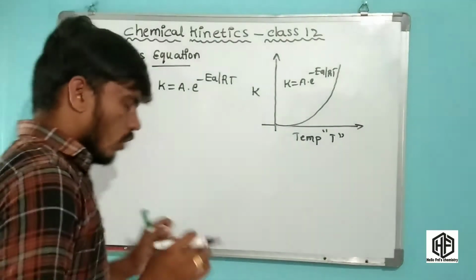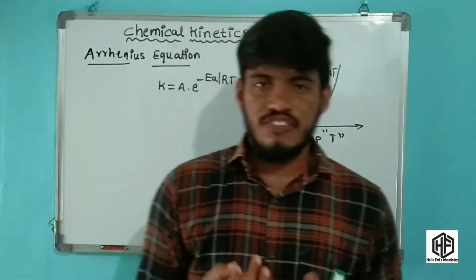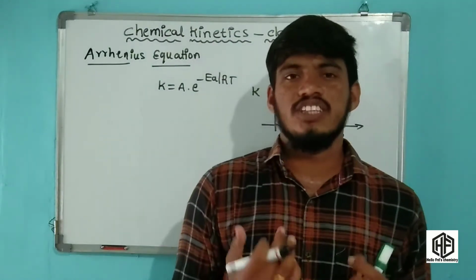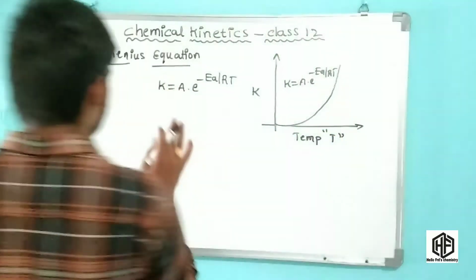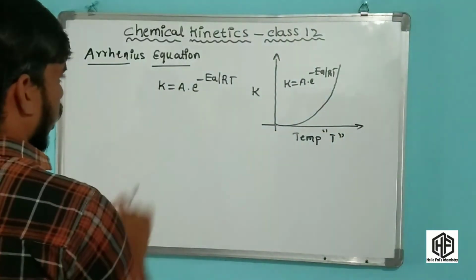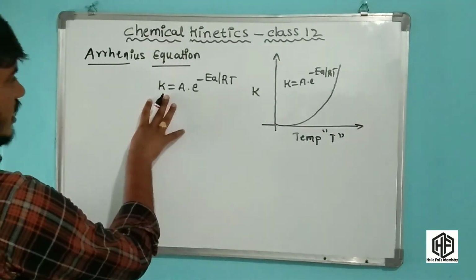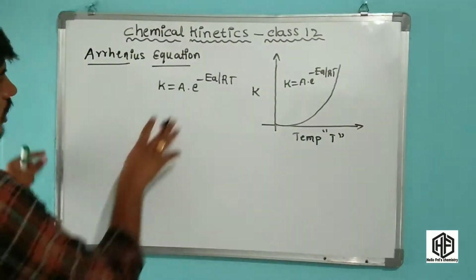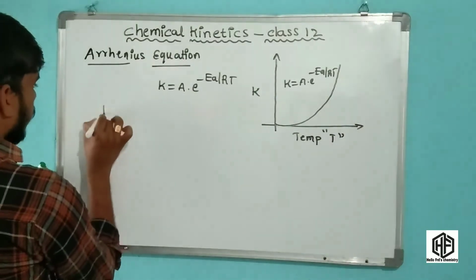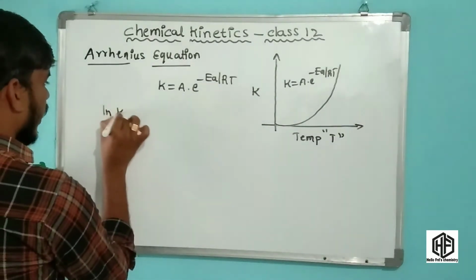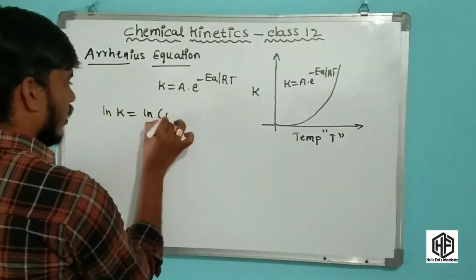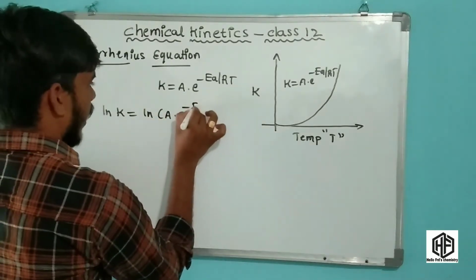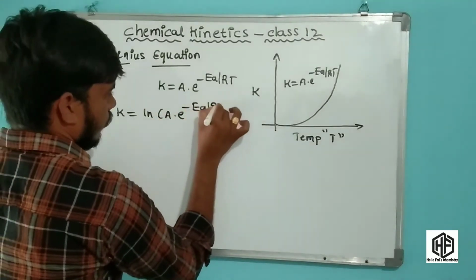Now what are the important different forms of the Arrhenius equation? First, I take ln on both sides of this equation. Now what happens, friends? ln k is equal to ln of A dot e power of minus Ea by RT.